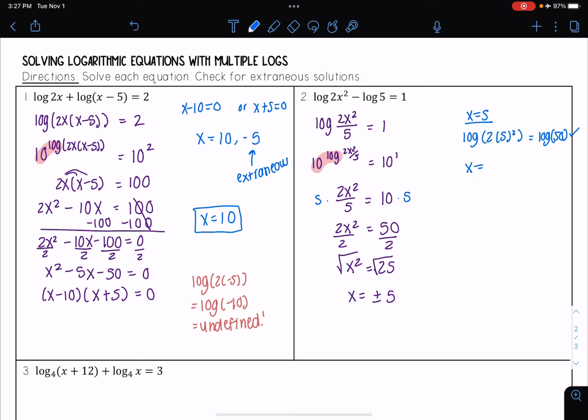When I plug in x equals negative 5, I have log of 2 times negative 5 squared, which is also log of 50, because negative 5 squared, I get a positive 25, which then multiplied by 2 is positive 50. So actually both of these solutions are legitimate solutions. So the answer here is going to be both positive and negative 5.